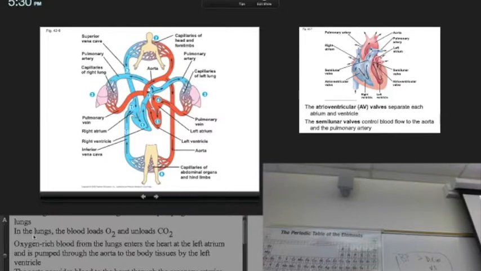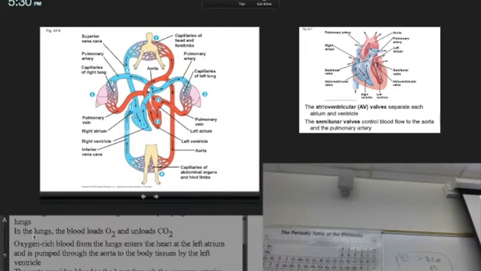Okay, so now as we're returning to, what's this one? Left atrium. Yep. So we're in the left atrium now. Were these arteries or veins? Veins. Why? Because they're returning to the heart.